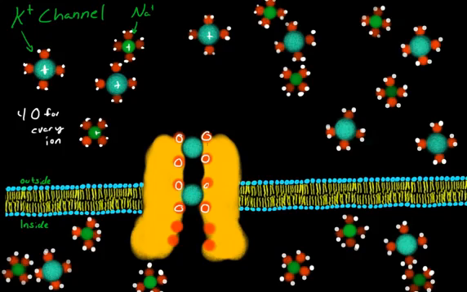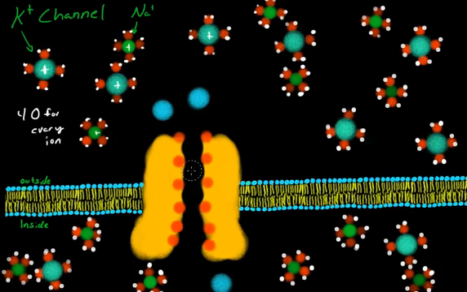Now the reason it goes down is just because of concentration gradients. It just randomly bumps into this. So let's say you had some potassium ions floating around, and they have the water around it, but I'm not going to draw the water anymore. Let's say there's also some in here.